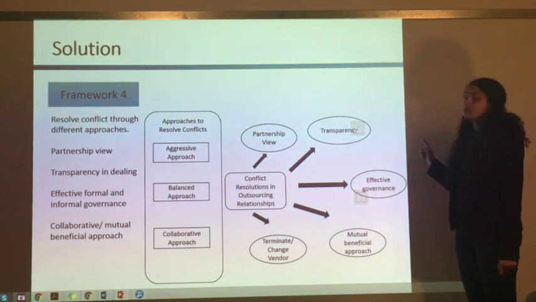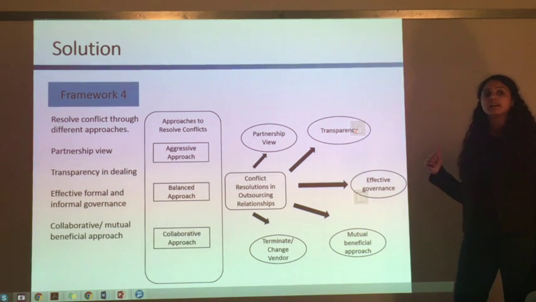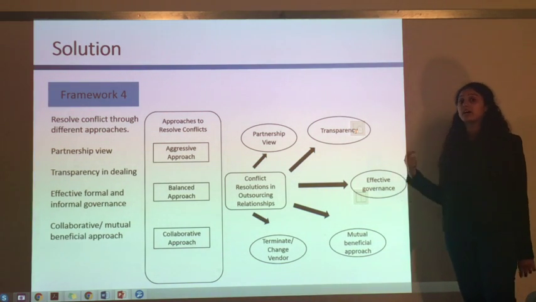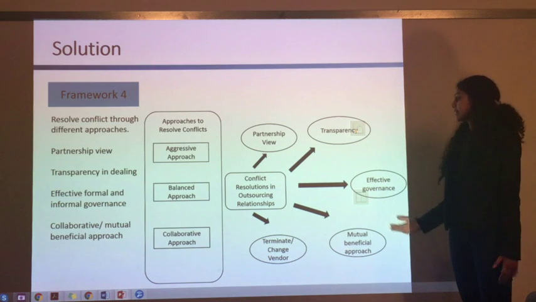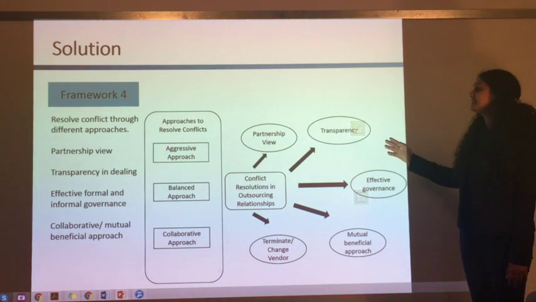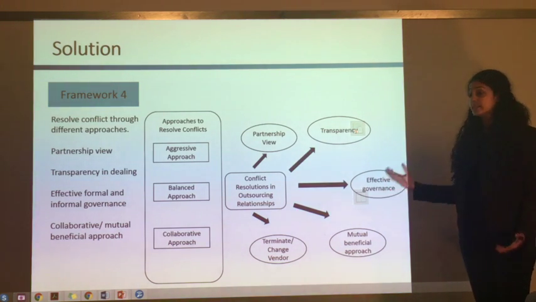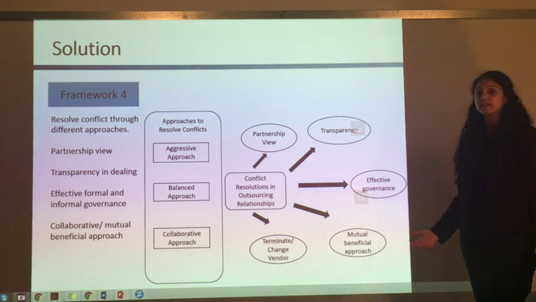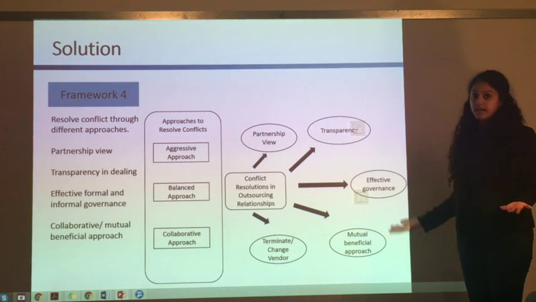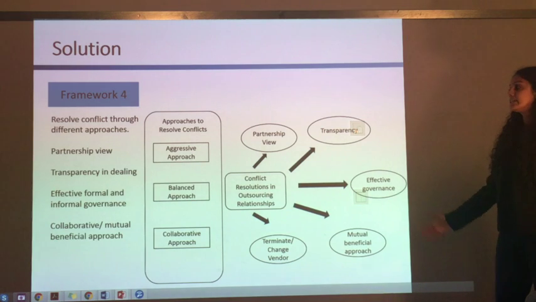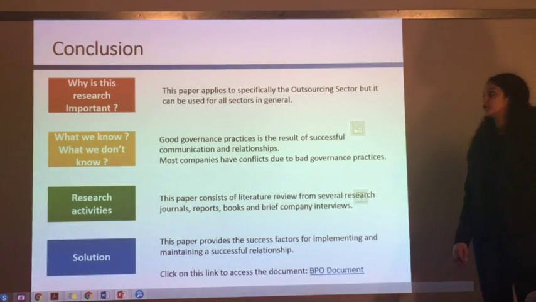There has to be honesty from the vendor and the client side regarding the scheduling, regarding the money, regarding budget and other factors. So these are the conflict resolution steps and approaches that a vendor or the clients can use. So in the next part, we talk about the conclusion.